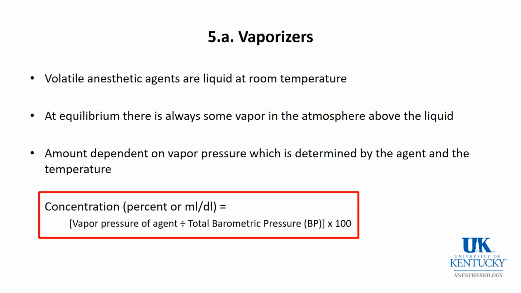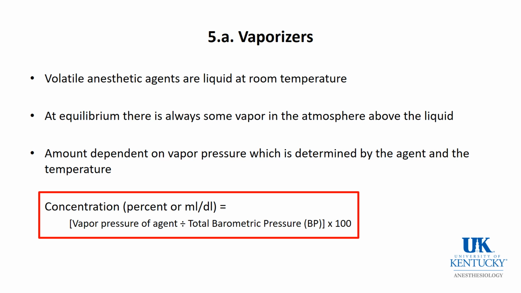So the underlying principle is that all of our potent anesthetic agents, volatile agents, are liquid at room temperature. But at equilibrium, there is always some vapor in the atmosphere above the liquid. The amount of vapor in that atmosphere depends on the agent and the temperature.